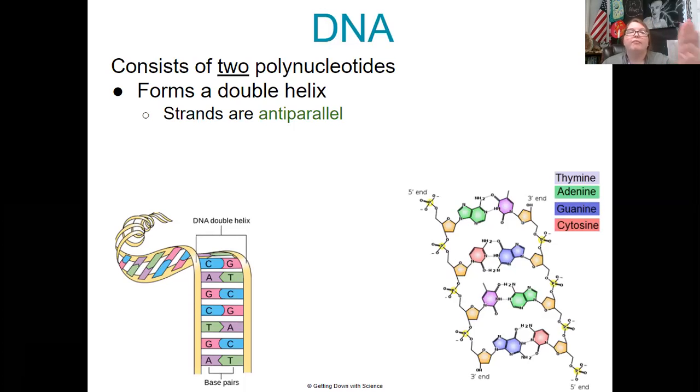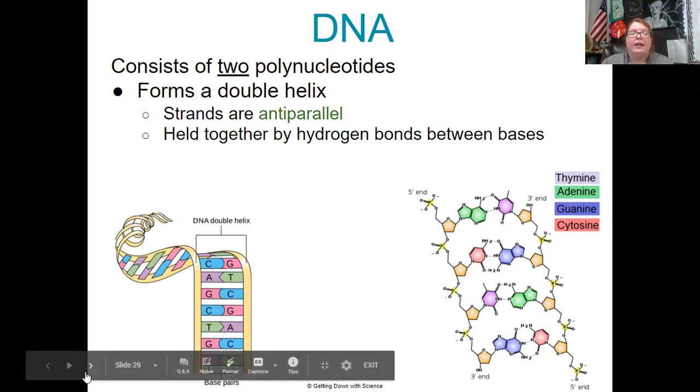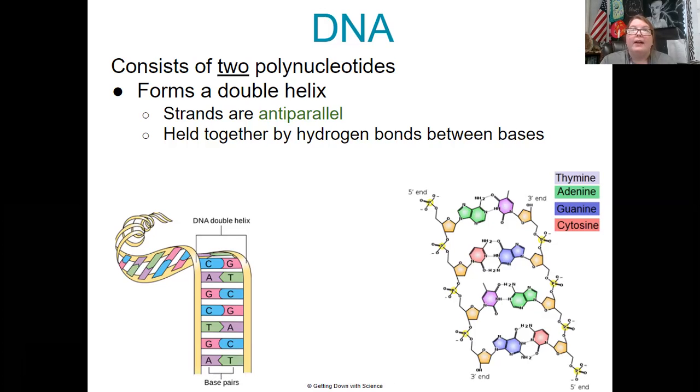So we have 5' to 3', and then it's flipped on the other side, okay? They're held together by hydrogen bonds between bases. So in the middle of the ladder, that's held together by hydrogen bonds.